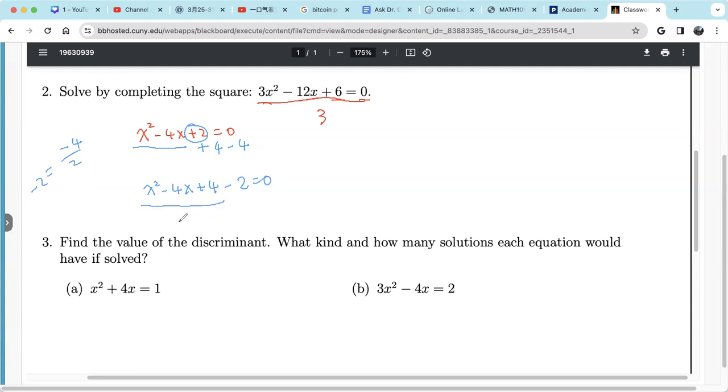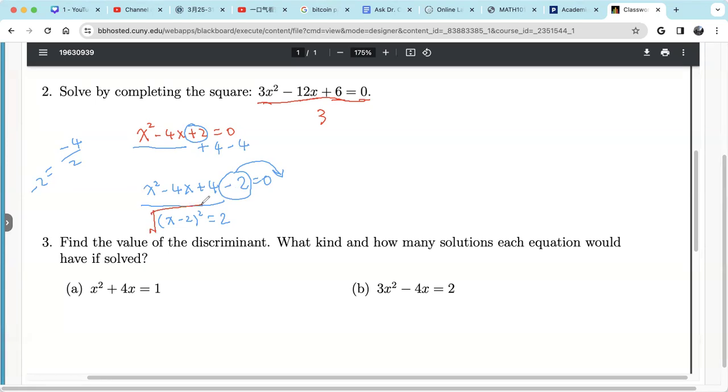Then these 3 terms give us a perfect square, (x - 2) squared. And this -2, we want to move to the other side. So it equals +2. Now we have a perfect square on the left-hand side. We can square root.